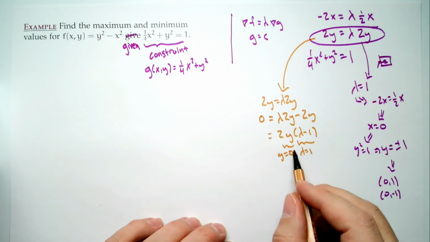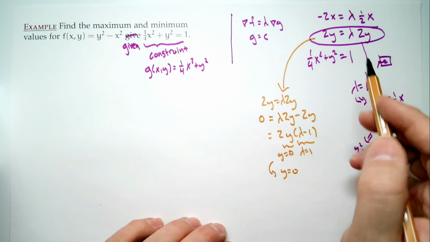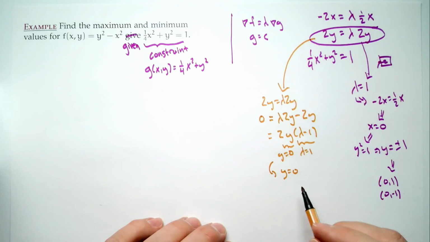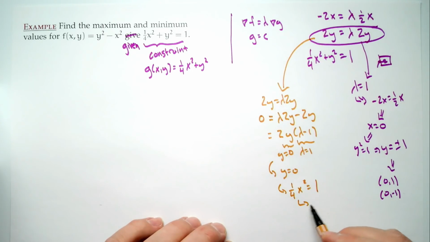So let's do the y equals 0 case. If I know that y equals 0, I come up here and I say, okay, well that tells me 1/4 x squared needs to be 1. What does that say about x squared? It should be 4. So what does that say about x?